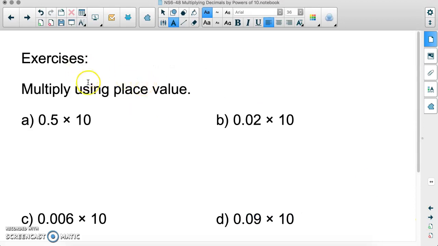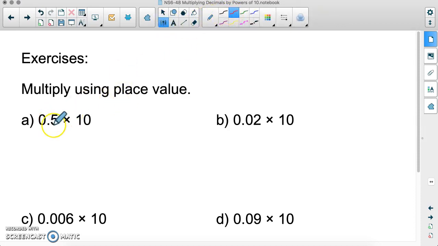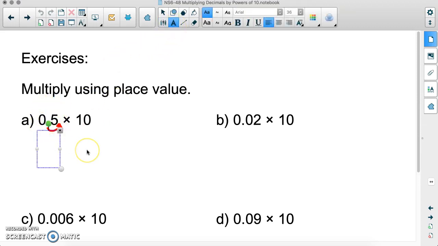So let's look at this. If we are multiplying using place value and we have 0.5 and we times it by 10, we're taking our decimal and we're going to move it to the next place value because this 5 is moving from the tenths. It needs to move to the ones place value. So 0.5 times 10 is going to equal 5.